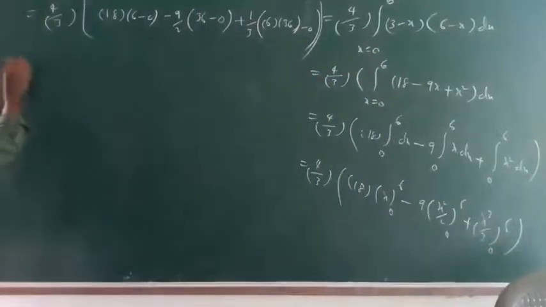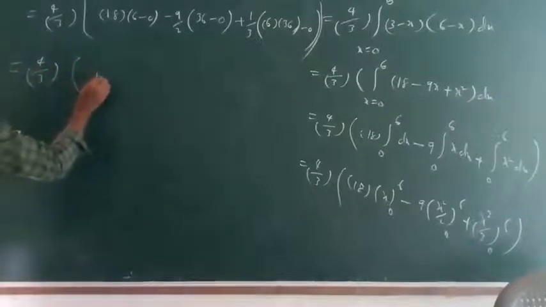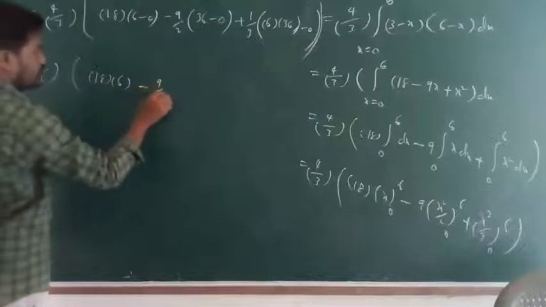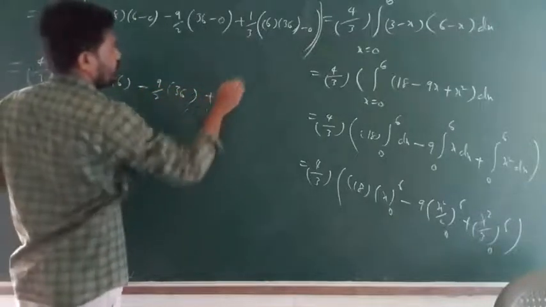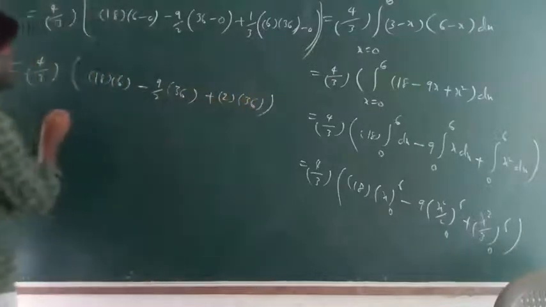So total 4 by 3 into 18 into 6 minus 9 by 2 into 36 plus 1 by 3 into 216.